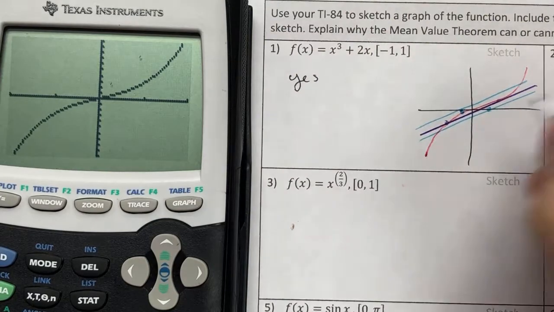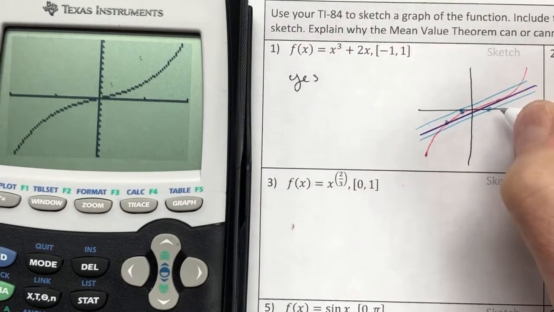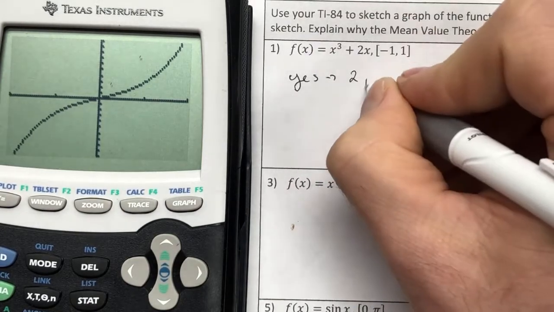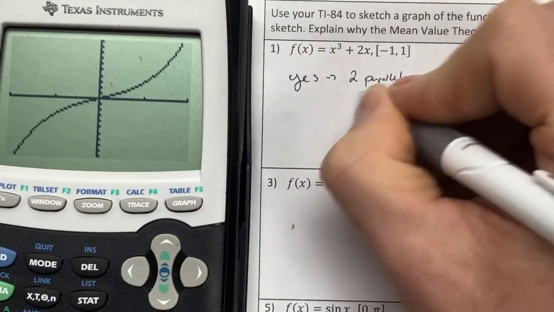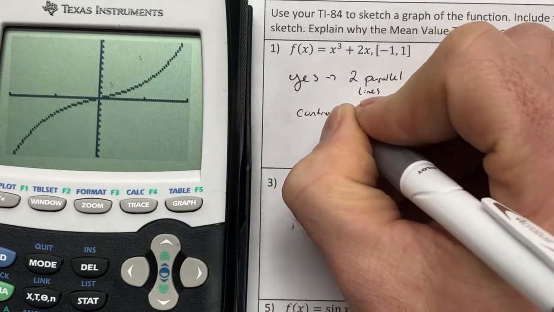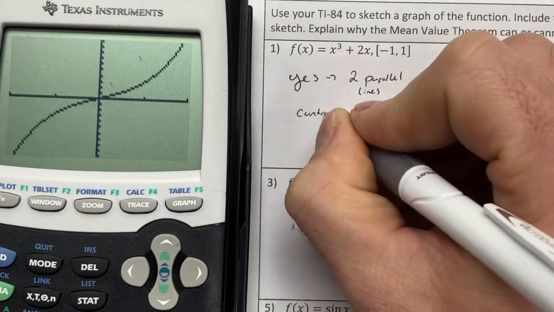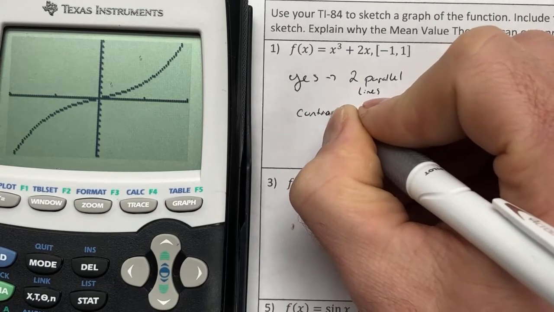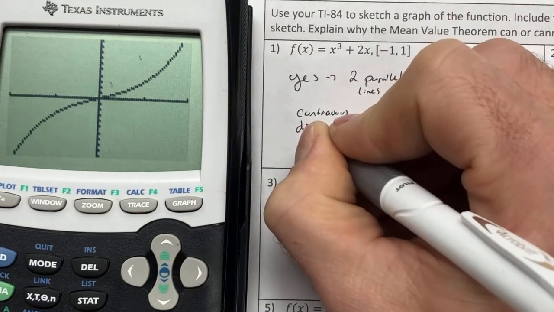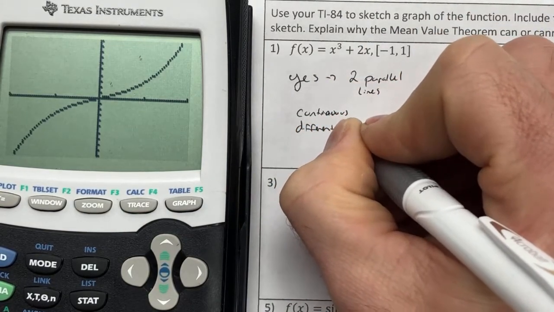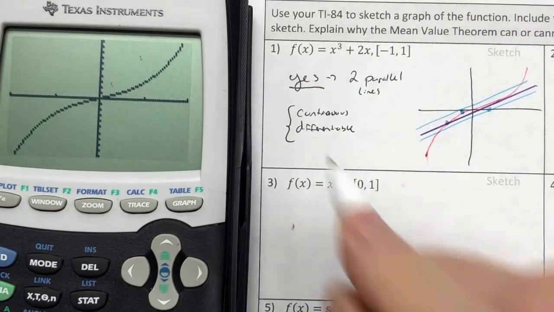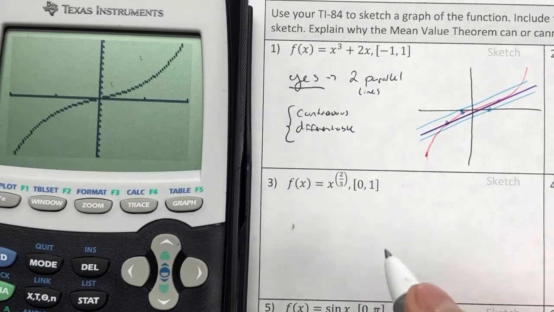Yes, it can, because it is both continuous and differentiable, and there will be 2 parallel lines. So yes, I would have not 1, but 2 answers because it is continuous and differentiable.